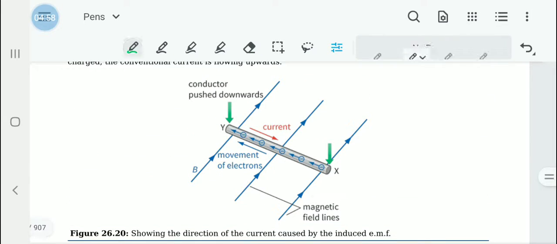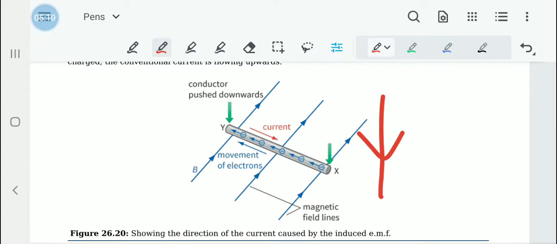Let me explain it again because you might have got confused because of the upwards and downwards story. This conductor is pushed downwards along with the electrons. When the electrons are moving, there is a current. As a result of the current, there is a force generated, the motor effect.